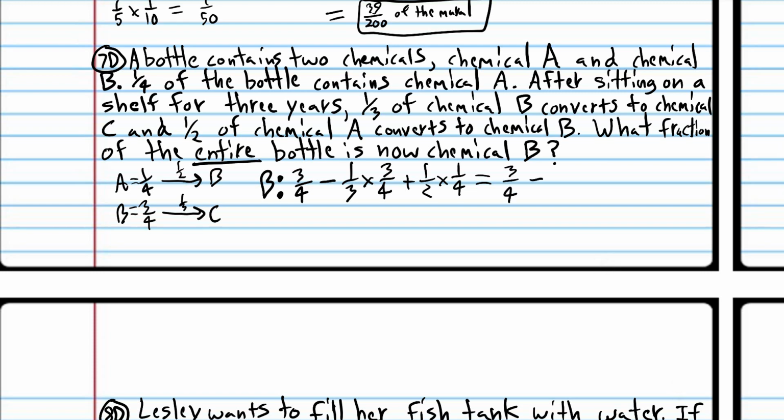So we have to multiply first. 1/3 times 3/4 is 3/12. And 1/2 times 1/4 is 1/8. Again, I know I'm doing multiple steps here at once, but that's okay as long as you follow PEMDAS. So now we multiply both sides of this fraction by 3 to get 9/12.